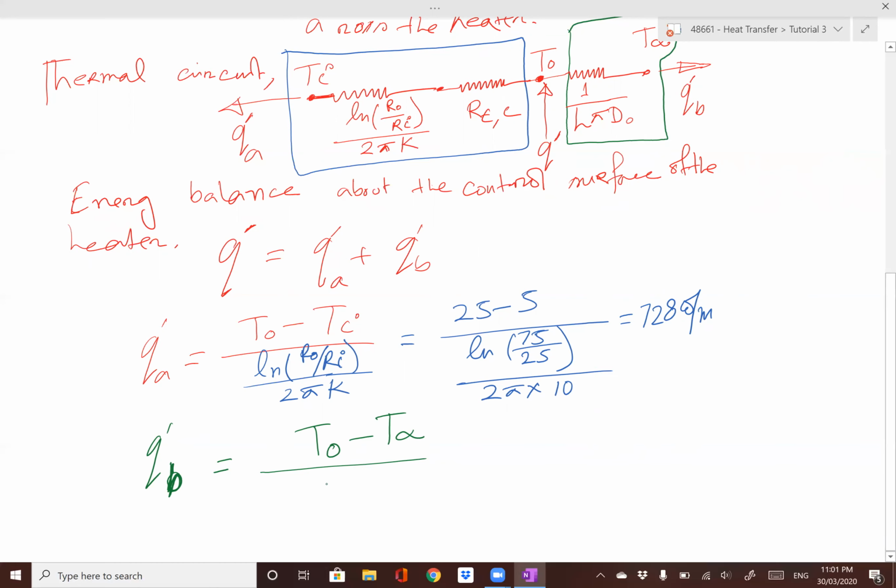So here we have only one. Here will be the convection. So 1 over h pi then diameter, outer radius, also outer tube diameter.